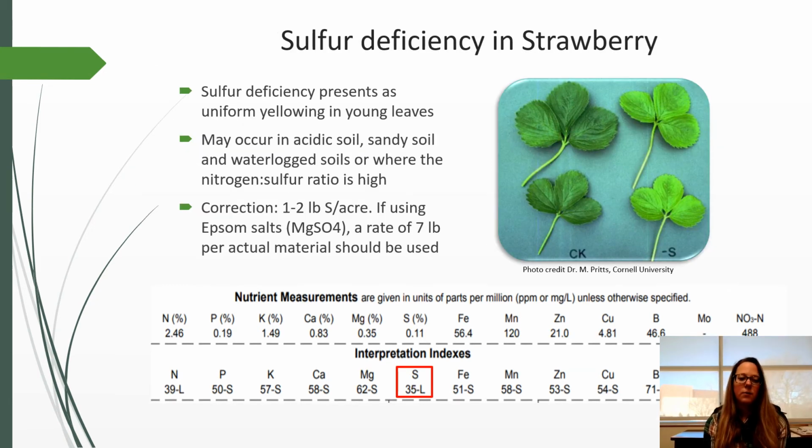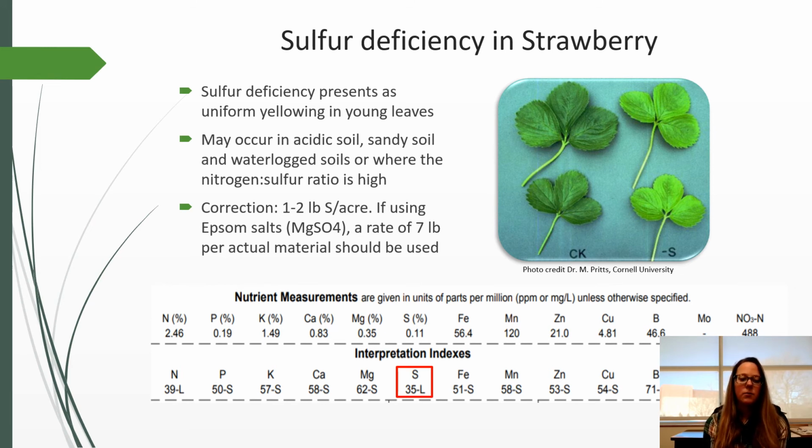The next nutrient we will cover is sulfur. Sulfur deficiency presents as uniform yellowing in young leaves. Shown in the picture on the right is a control leaf where no sulfur deficiency is present, and the deficient symptoms are yellowing. This deficiency may occur in acidic soil, sandy soil, and waterlogged soils, or where the nitrogen to sulfur ratio is high.